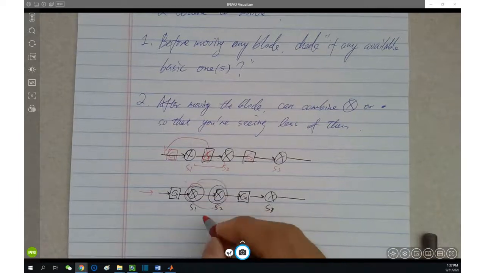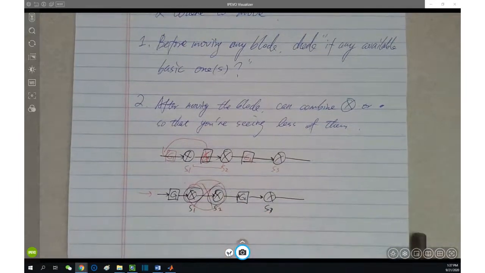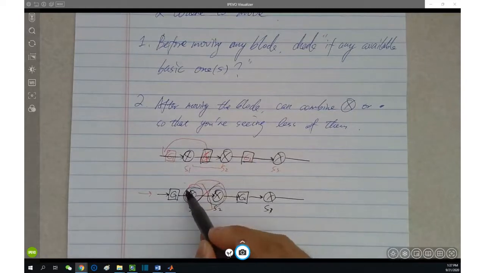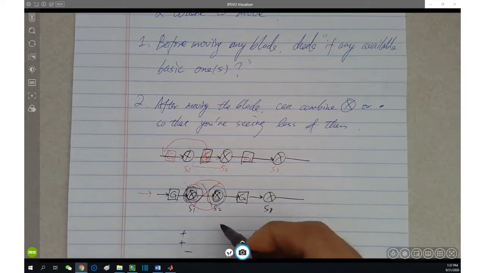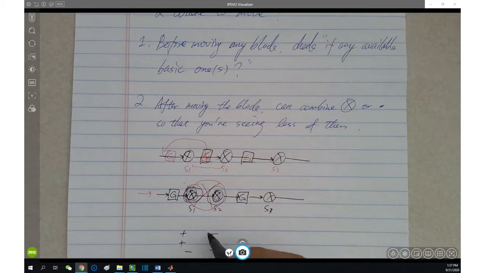This becomes one single summing junction. Does it make sense? Because you are conducting plus or minus here with a bunch of inputs, you are doing the same thing here. So these two can be combined. You plus minus here, and then you minus plus here. Okay, I put them together.